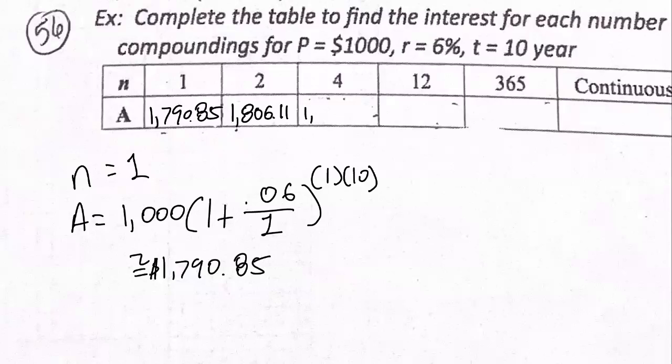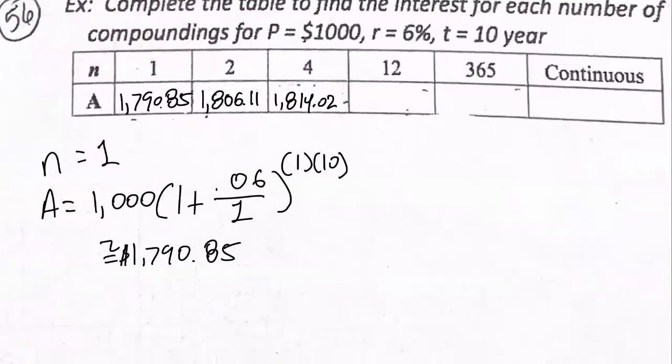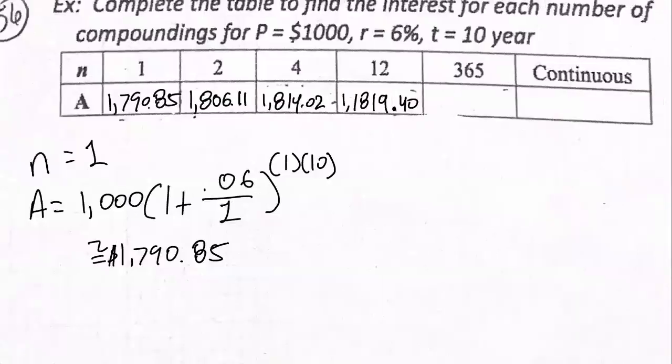Quarterly, 1,814.02. And then monthly, 1,819.40. And then daily at 365, 1,822.03, I believe.